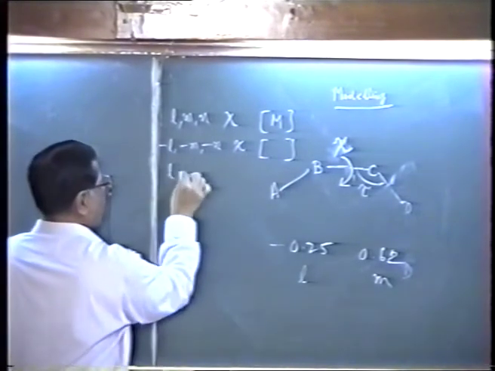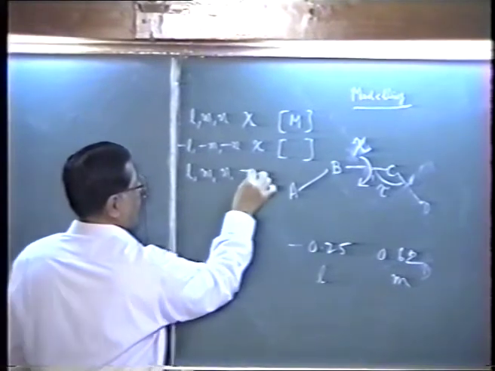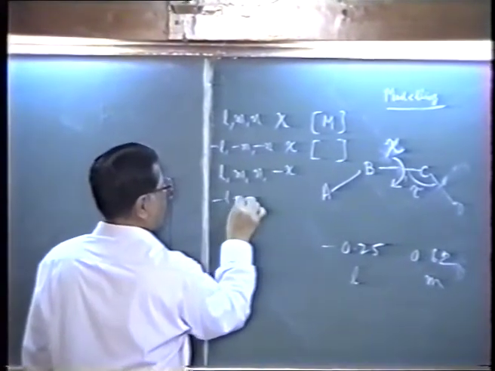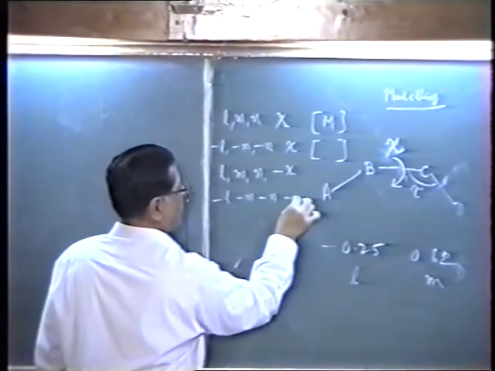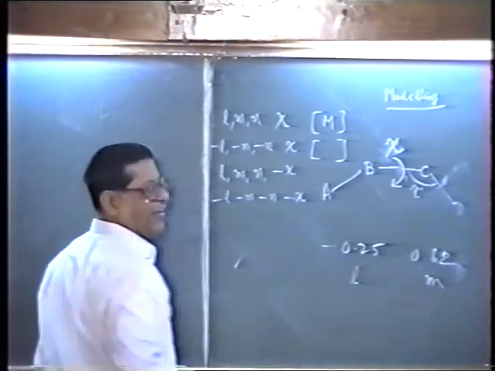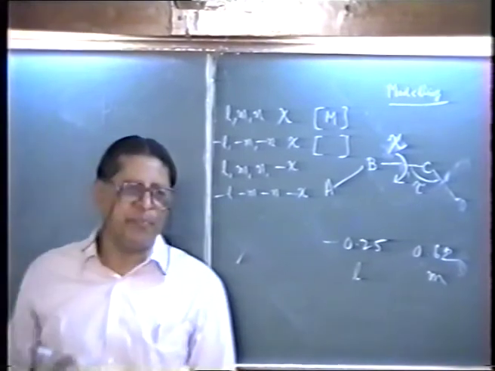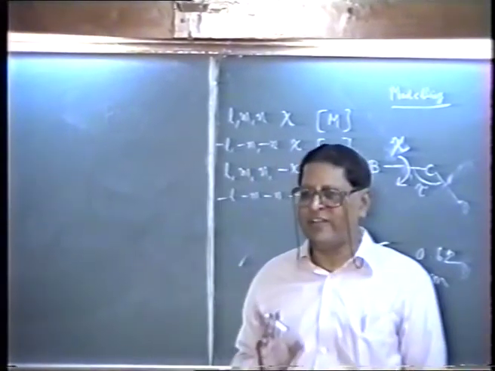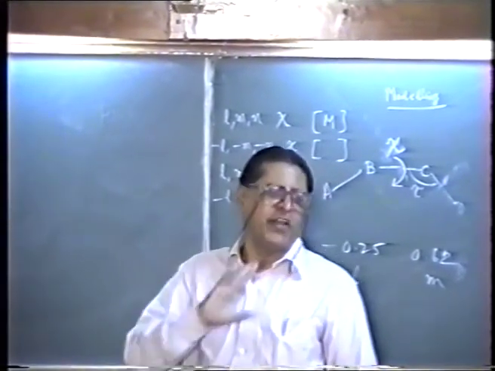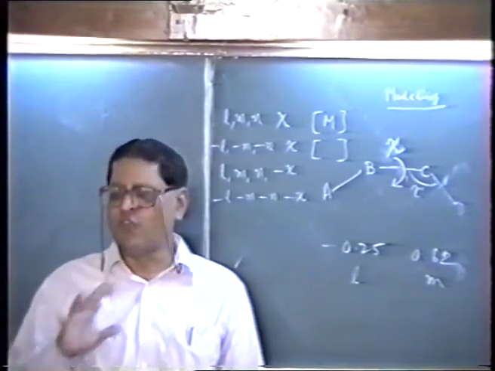And L, M, N and minus chi, and minus L, minus M, minus N and minus chi. You will find the numbers involved are the same, but the positions may be different. Just for the fun of it. There is nothing very great science involved in that.